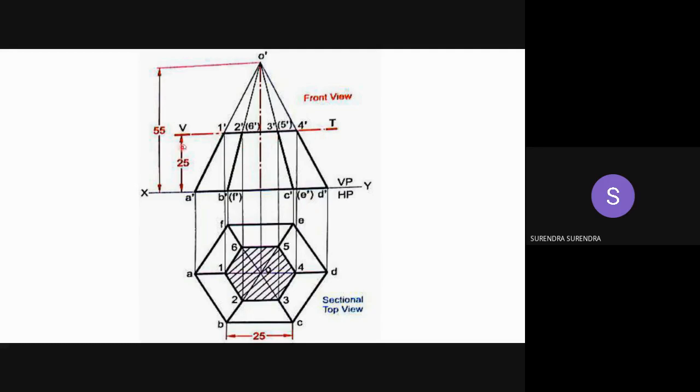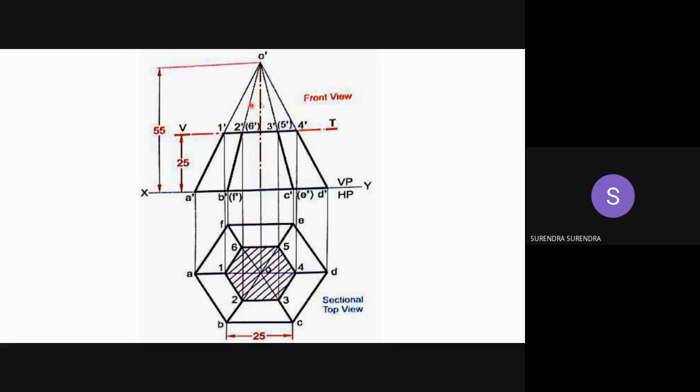After marking this, draw the projections from each and every point 1, 2, 3, 4 from front view to top view, and mark the points in top view also, 1, 2, 3, 4, 5, 6. After marking these 6 points, join them with a straight line and complete the hatching.